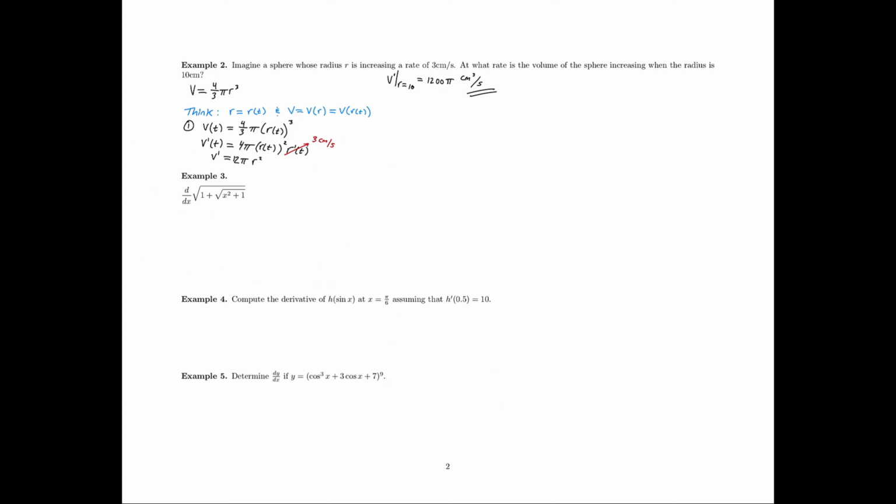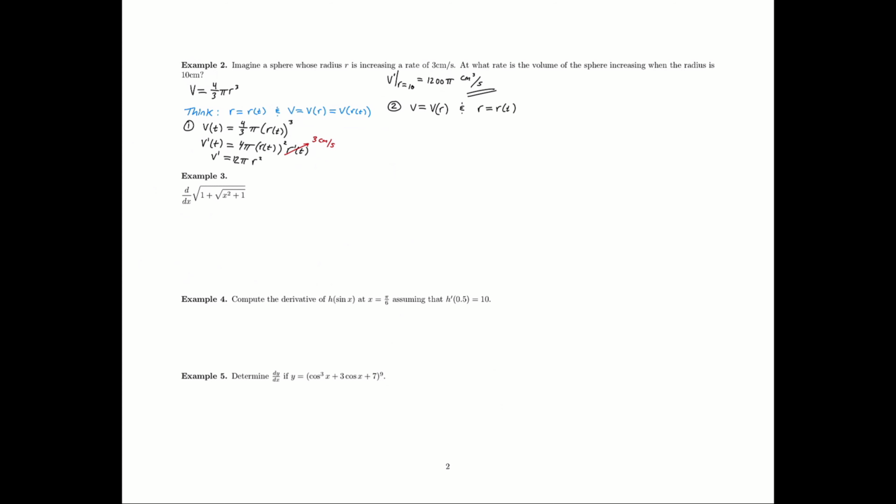The other thing we can do here is we can say the following. That's option 1. Option 2 here would be saying sort of what we did in the very beginning, what we were thinking. And that is volume is a function of the radius, and the radius is a function of time.